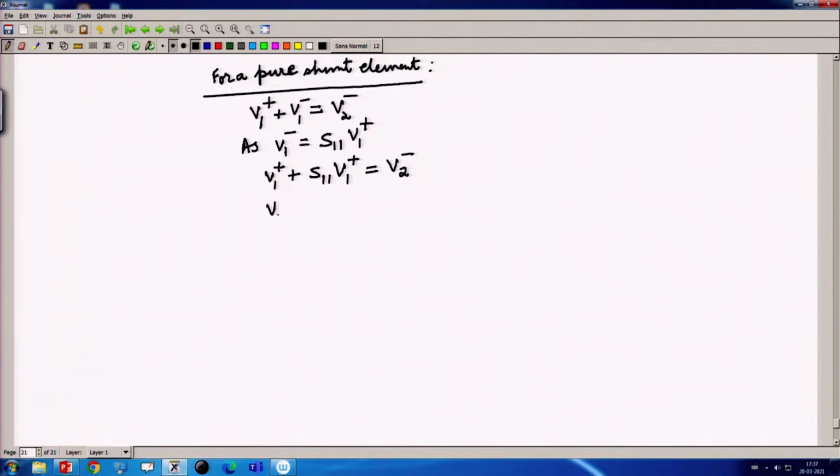And therefore, V1 plus into 1 plus S11 is V2 minus.